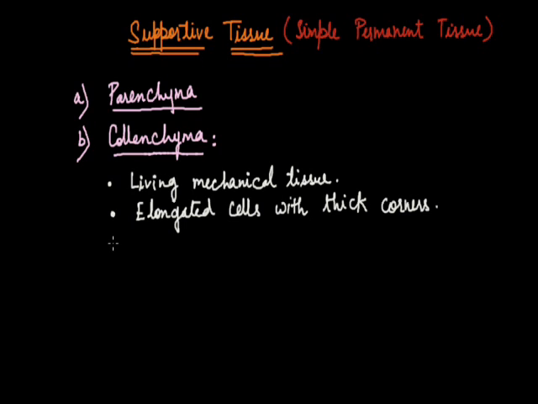This thickening is mainly of cellulose and pectin. As I said, the cell wall of a collenchymatous cell has thickenings at the corners, and that thickening is composed of cellulose and pectin.